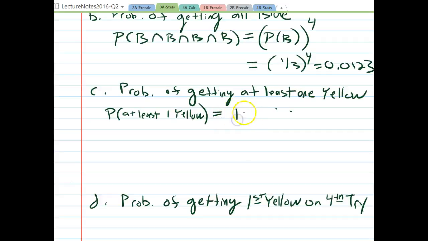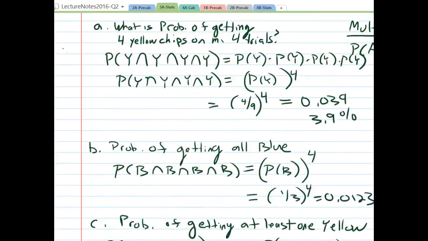So what I can do is say it's 1 minus the probability of getting no yellows on all 4 pulls. So what I need to figure out is the probability on one pull of getting no yellows. I know the number of chips that I have.